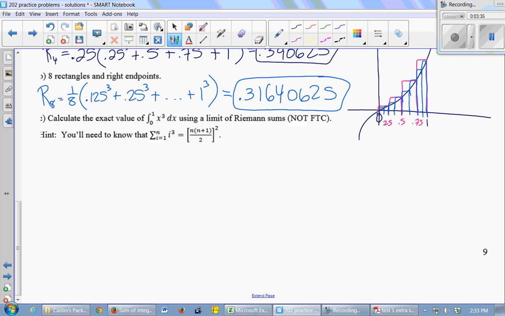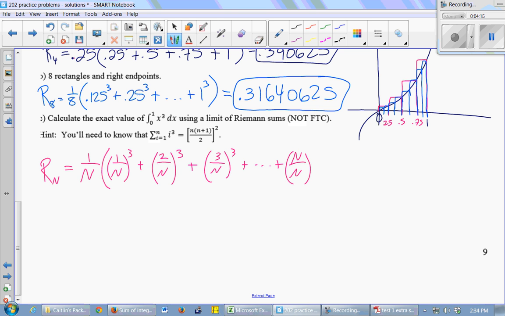Okay, so my integral from 0 to 1 of x cubed is going to be R sub n, the right-hand Riemann sum with n rectangles. 1 over n is going to be the width of every rectangle, because the entire interval has length 1, and I'm going to break it into n equal pieces. Okay, and then my first rectangle is going to have a height of (1/n) cubed. My next rectangle would have a height of (2/n) cubed, then (3/n) cubed, until I get to n over n, or 1 cubed.